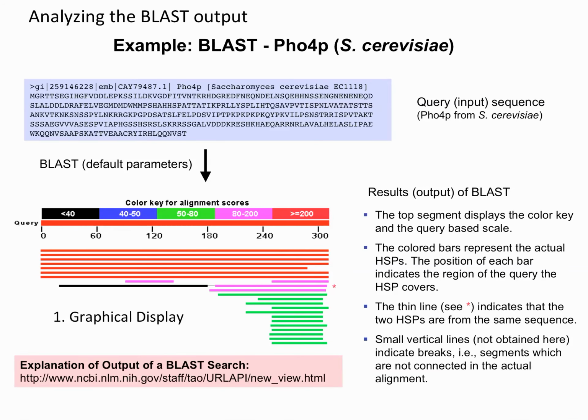The graphical display represents in a visual way the obtained results. The top bar stands for the complete length of the query sequence. Colored bars below the query represent the sequences found.